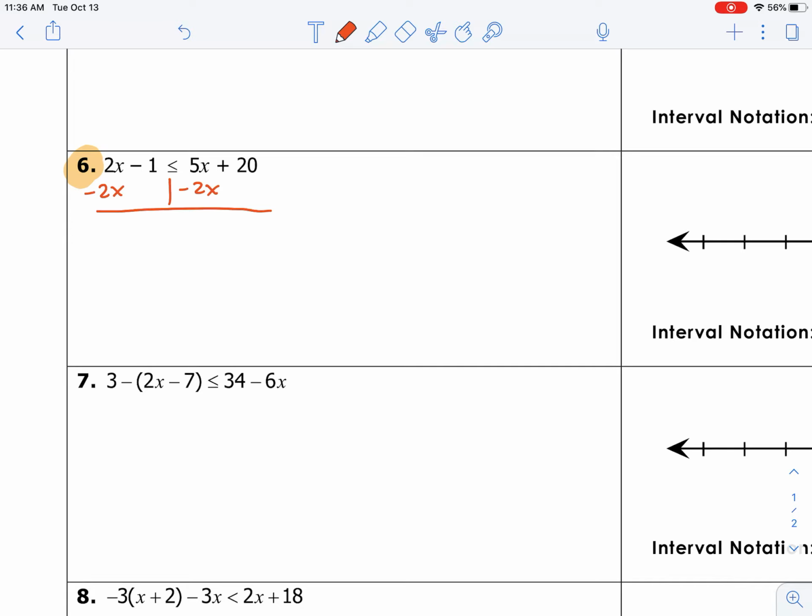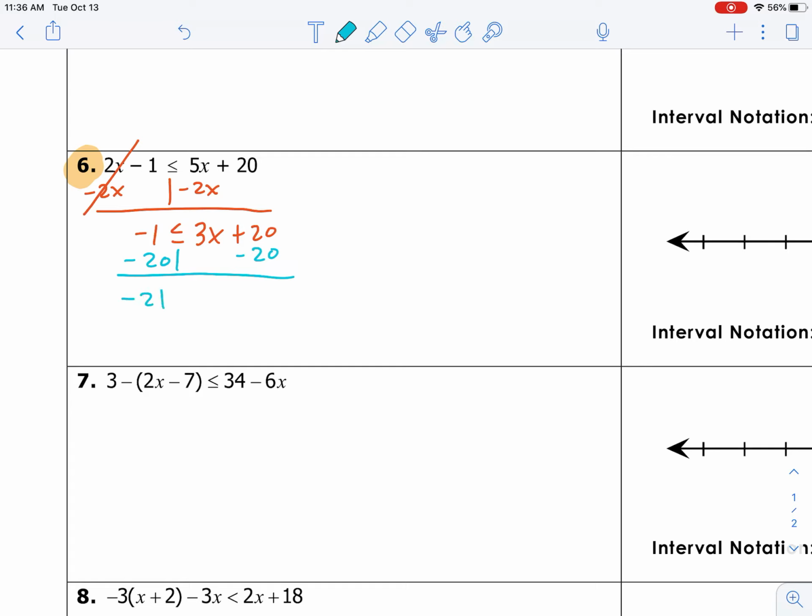So if you're following along with me and you are solving it the way I solved it, then 2x cancels on the left. Negative 1 is less than or equal to 5 minus 2, which is 3x plus 20. Since I brought 2x over to this side, I need to take 20 over to the other side, so I'm going to subtract 20 from both sides.